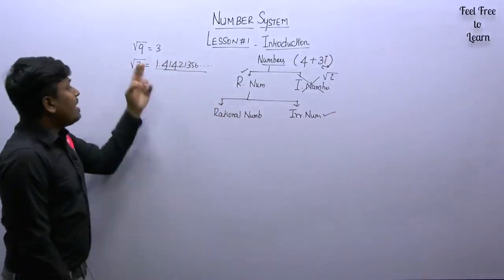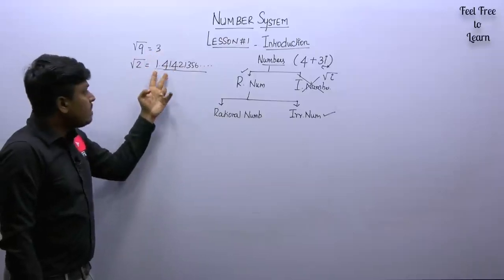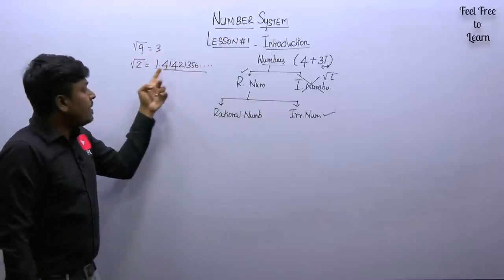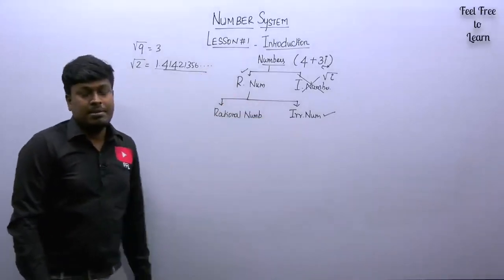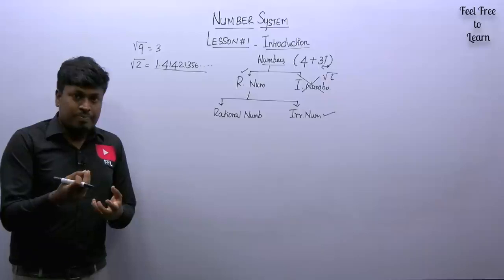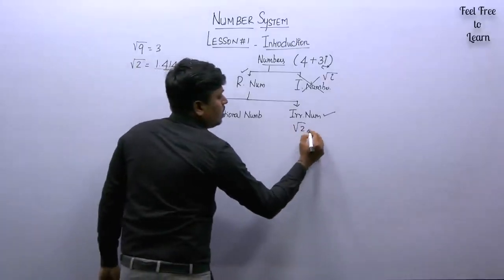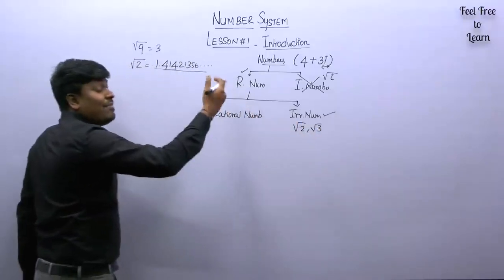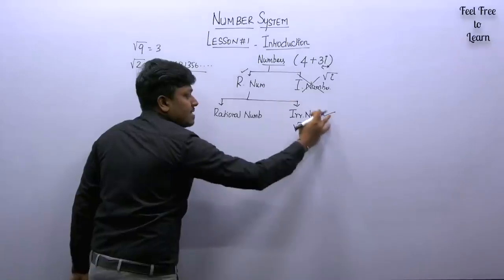Root 9 is 3, so this number has an end, but the square root of 2 does not have an end. A number that does not have any end is called an irrational number. For example, root 2, root 3. These numbers do not have any end after the decimal point. So these numbers are called irrational numbers.